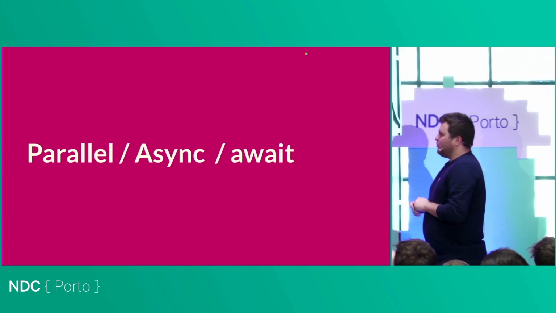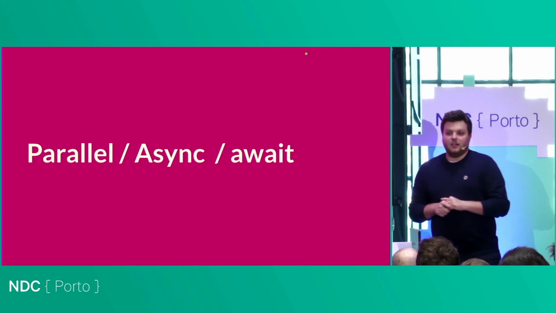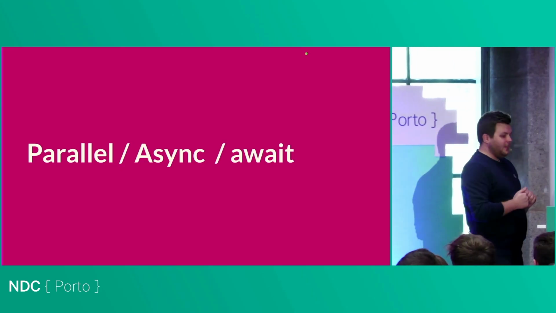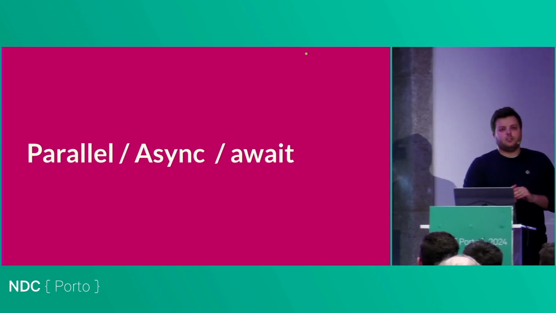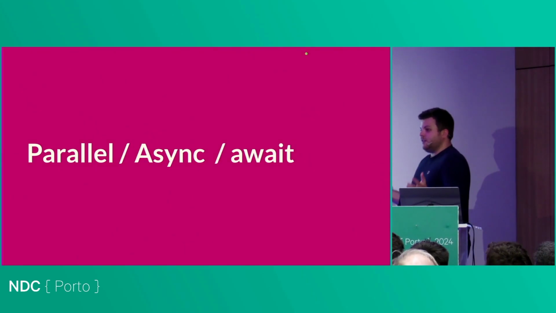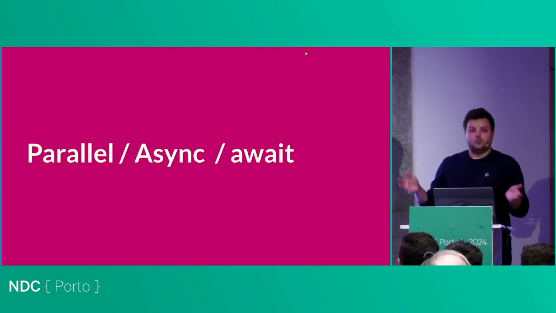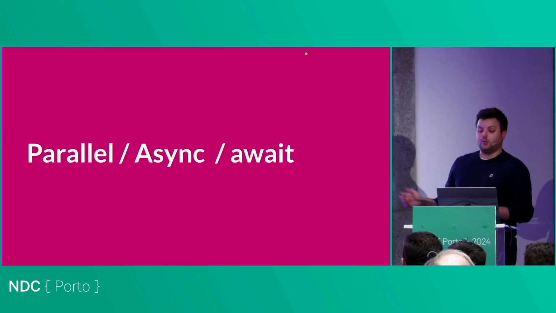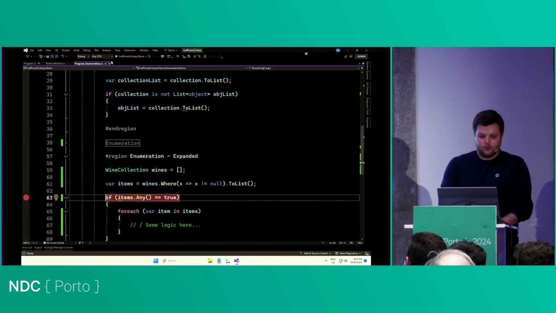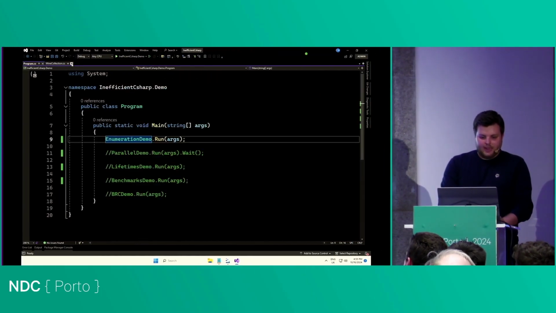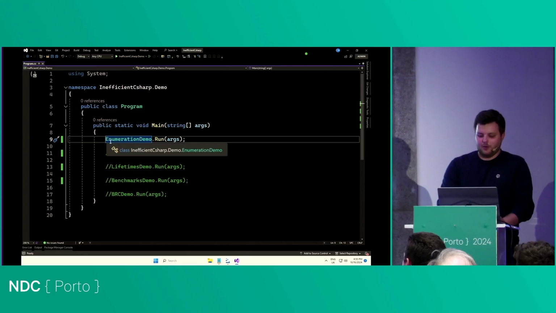You can do parallel processing, where on the same thread it will try and do multiple things. Async allows code to be executed across multiple different threads simultaneously, and you can then await that result. Overall, you should see a vastly improved throughput of your application. So let's just close out this demo and jump to my parallel demo.